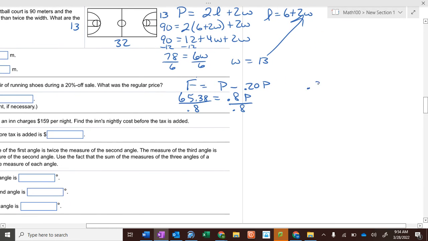now 0.8 goes into 65.38. If we move the decimal over one place, 8 goes into 65 8 times with 64.